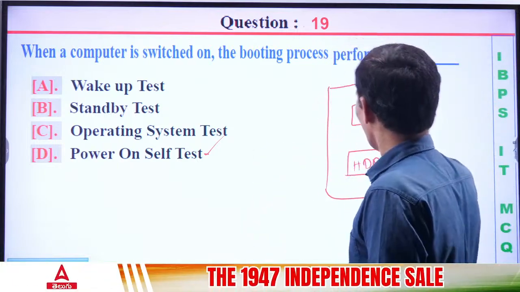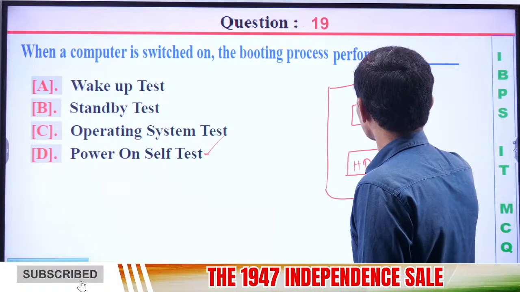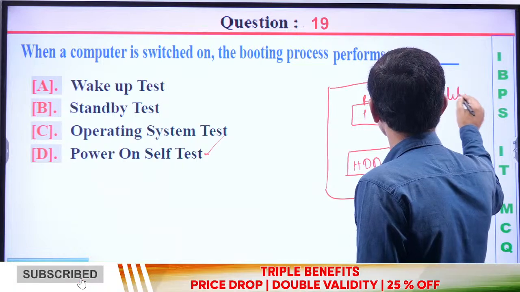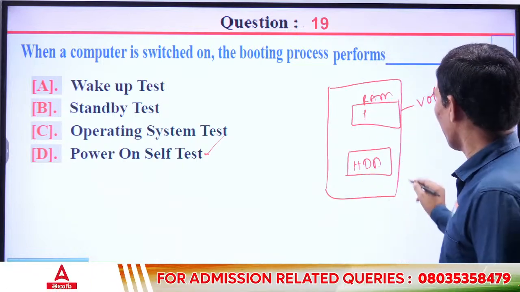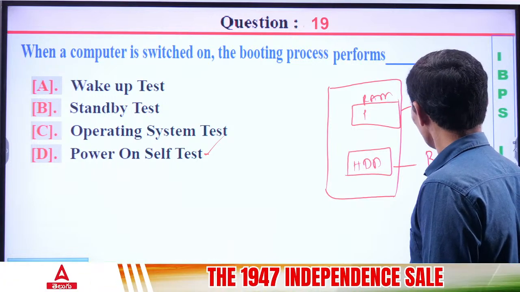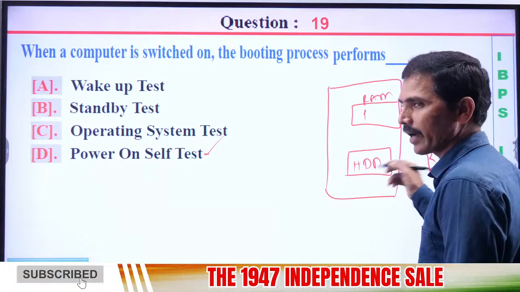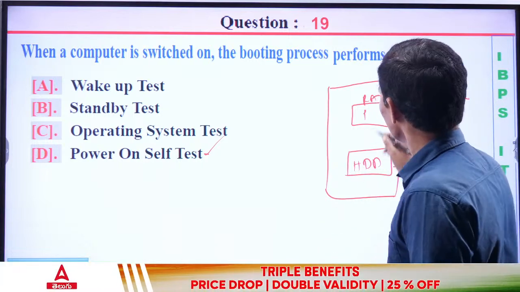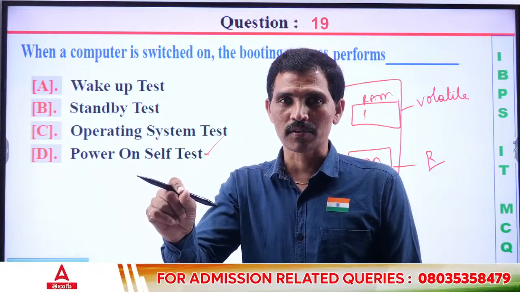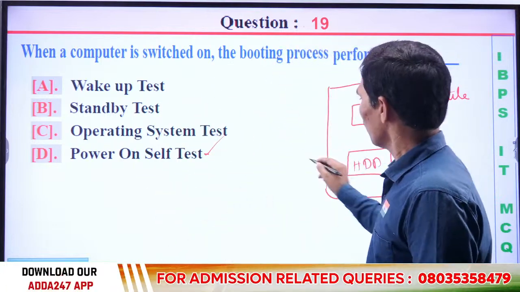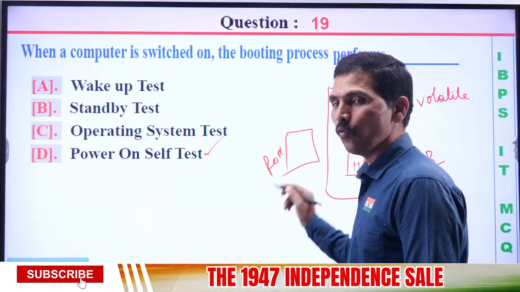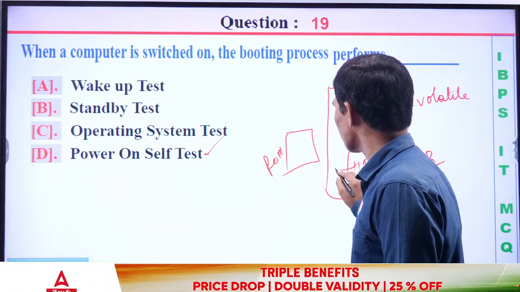RAM is a volatile memory, and the hard disk is read and write memory; you can read and write information on it. Generally, when we turn on the power and the power test is successful, the motherboard ROMs will load the operating system from the hard disk to the RAM.